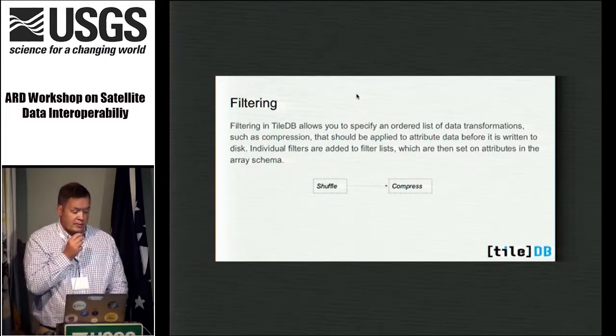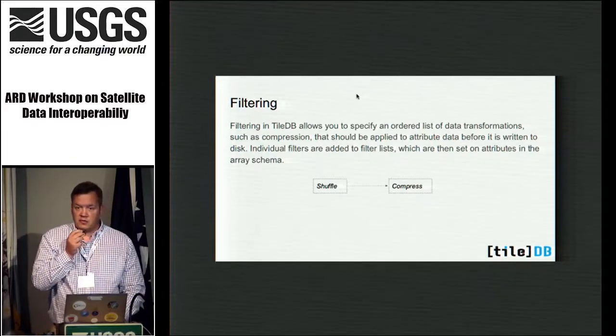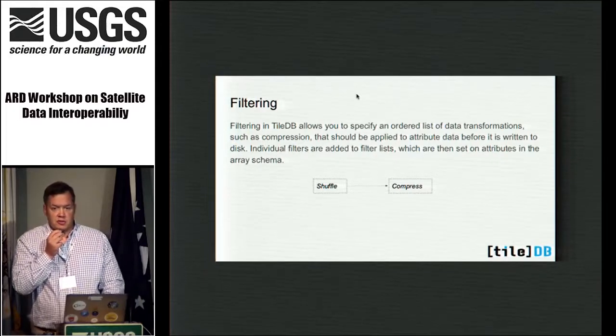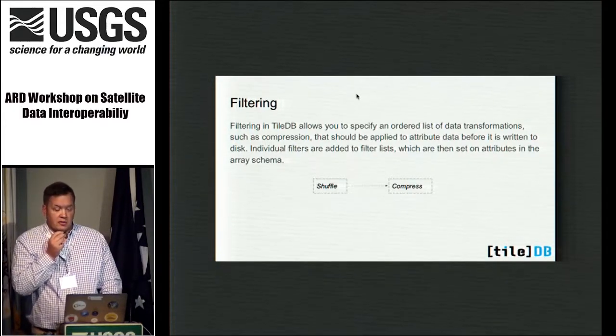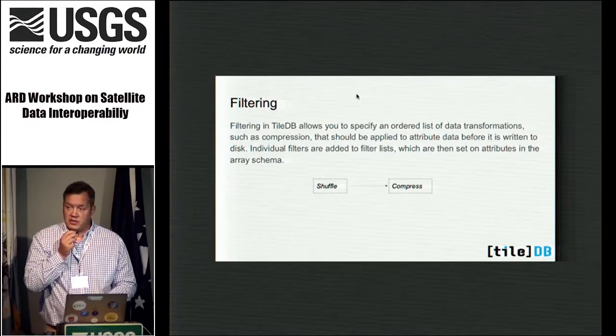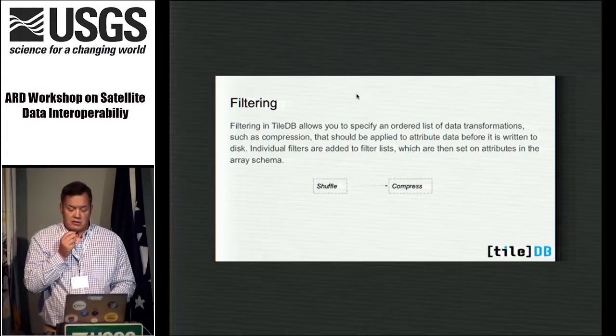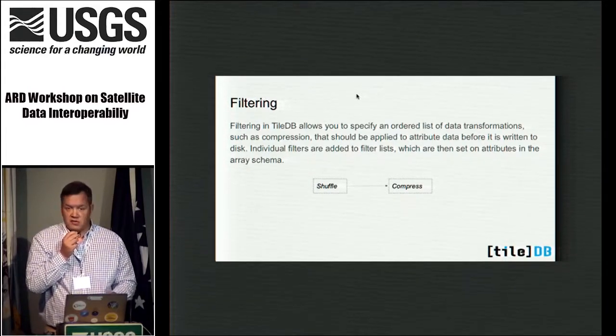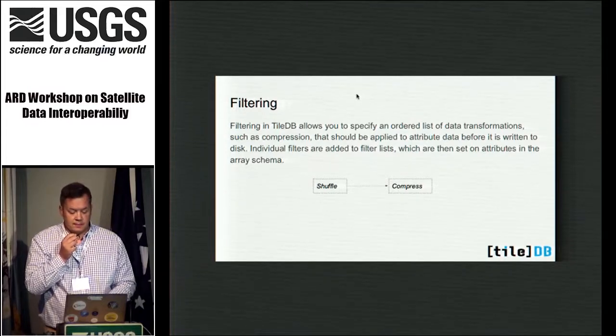So whatever features are available within TileDB, you can do a filtering operation before you write. And you might want to do a filtering operation to go and increase your compression ratio. So you might want to do a bit or a byte shuffle. And if you use the algorithm from Blosc, which is implemented in TileDB, you can add that shuffle filter before you do a compression. And that will increase your compression ratio significantly, for example, using Zstd.